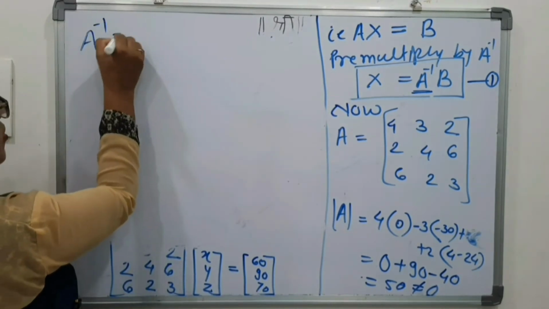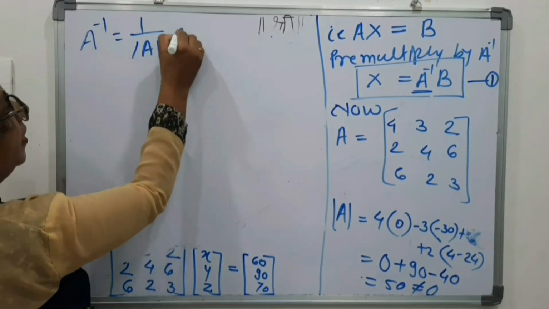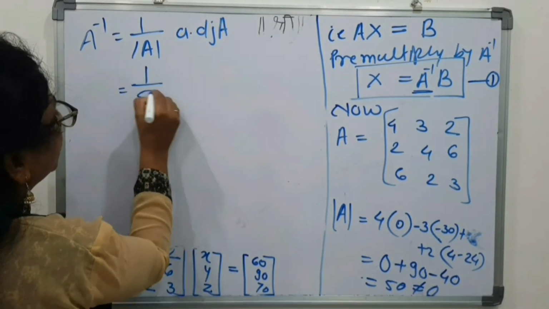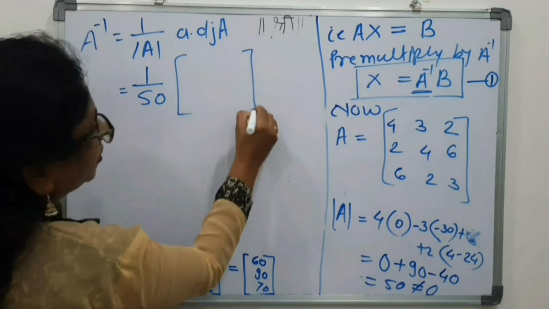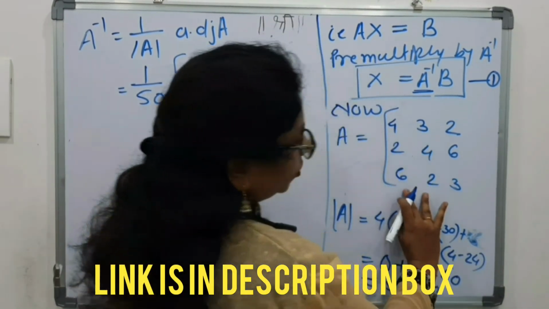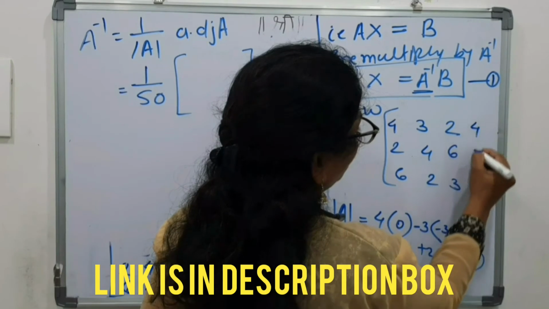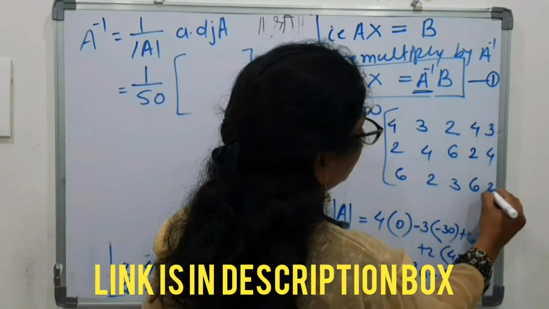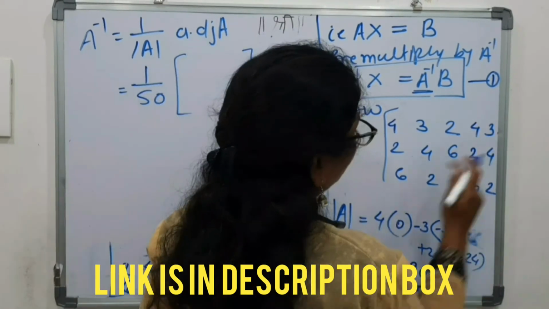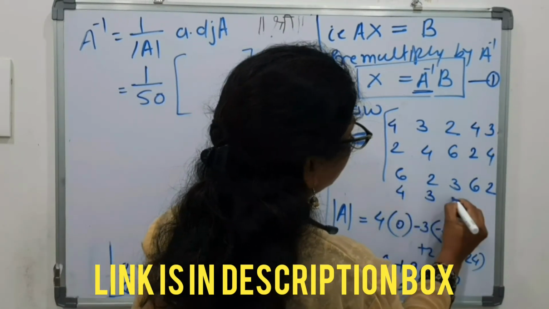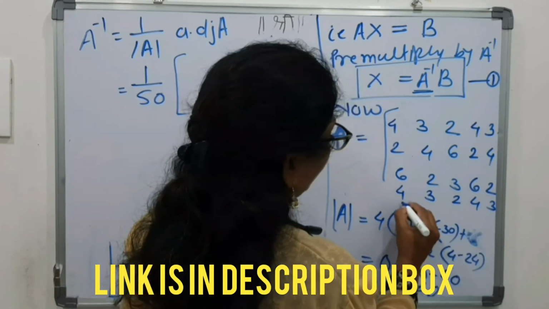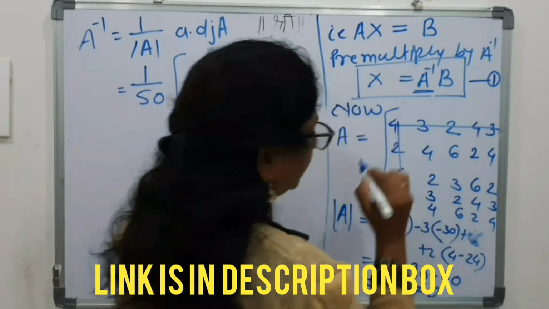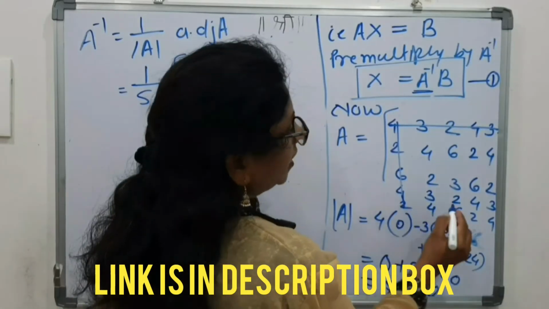A inverse is 1 upon determinant of A into adjoint of A. The determinant is 50, and for the adjoint, we repeat the first two columns and the first two rows: 4, 3, 2, 4, 3 and 2, 4, 6, 2, 4. Cancel the first row and first column. Now multiply these.